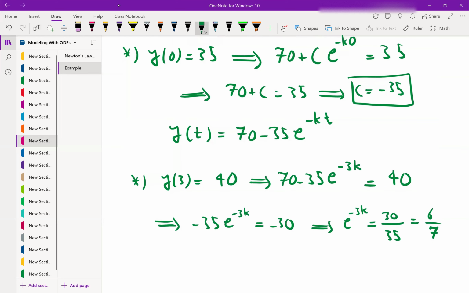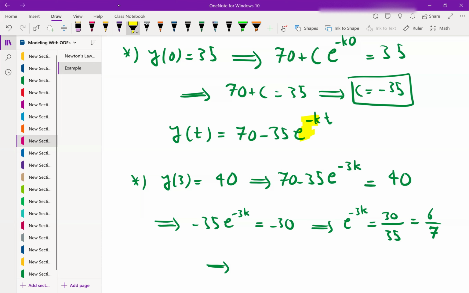Excellent. So what does this tell me about the k? I can actually compute k here. It's very easy to compute k. But what I really need to know is this e to the negative k in order to have a formula for y of t. That is the real quantity that I'm interested in, not k itself.